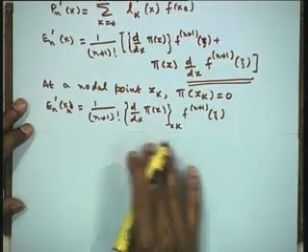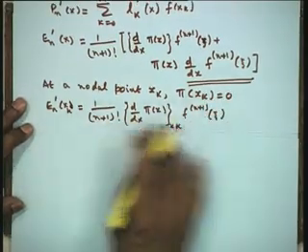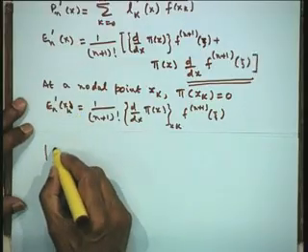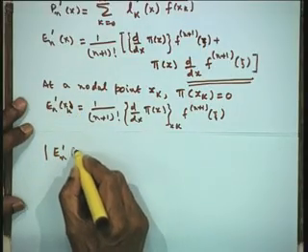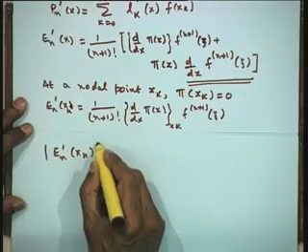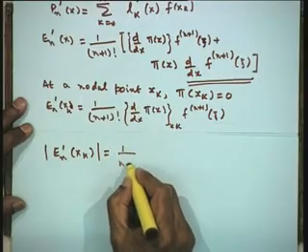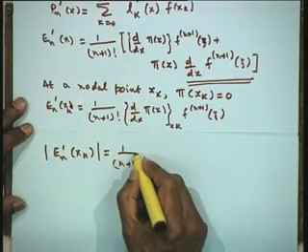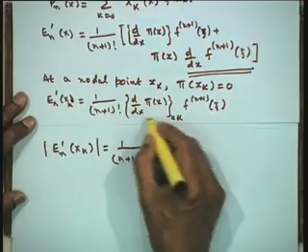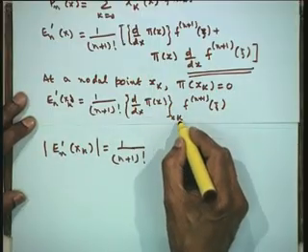Therefore, I will be able to write down the bound of this immediately. I can take the magnitude on both sides and write down the bound of this error. That will be 1 upon n plus 1 factorial times this quantity, which is only a number, because it has been differentiated and evaluated at x k.